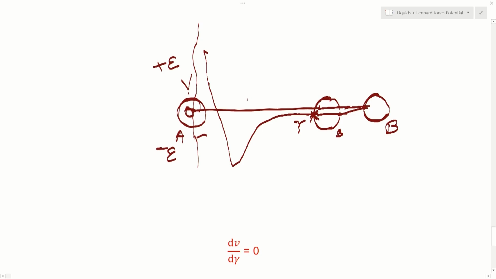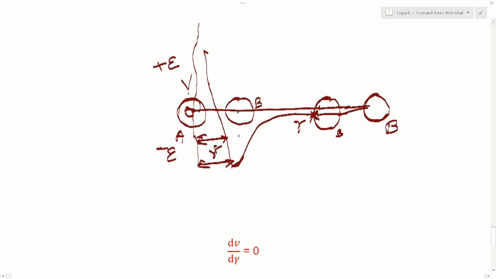Now B is somewhere here, the distance between these two molecules is r, and here we have the potential well.